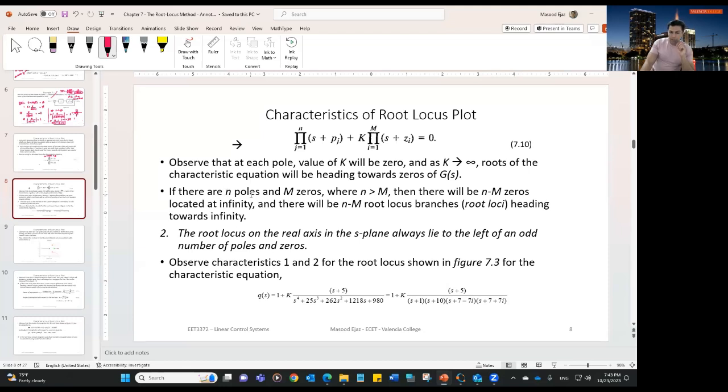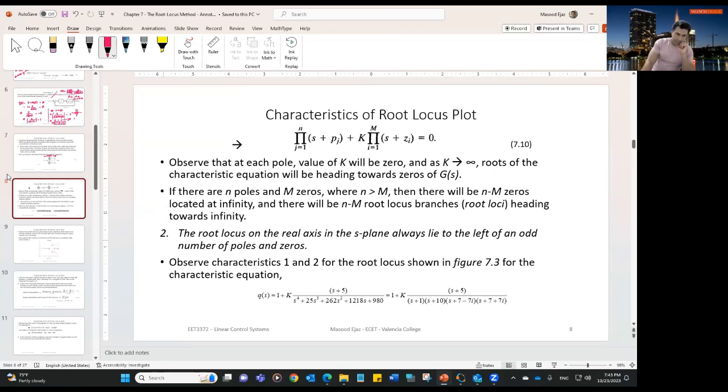If your number of poles is greater than the number of zeros, and as k tends to infinity, as you start increasing the value of k and it hits infinity, the roots of the characteristic equation will be heading towards the zeros of G(s). Why?